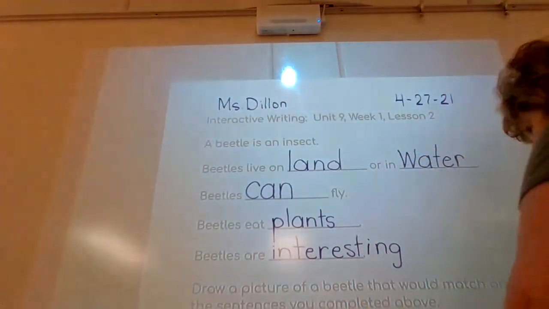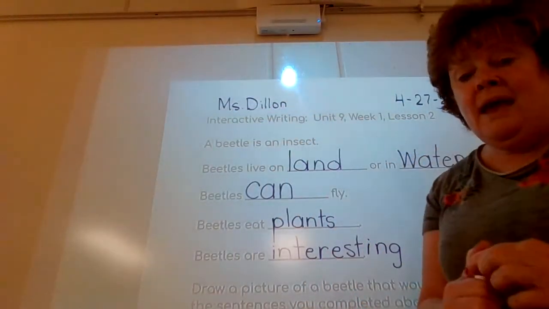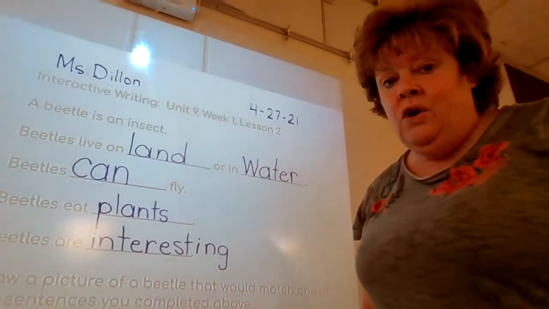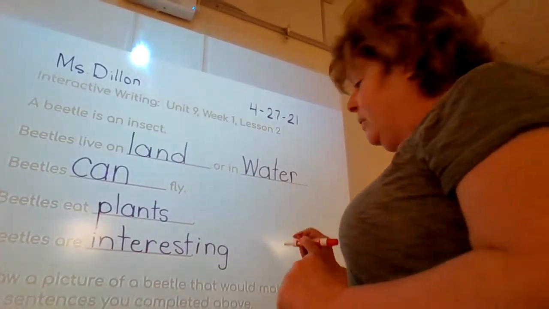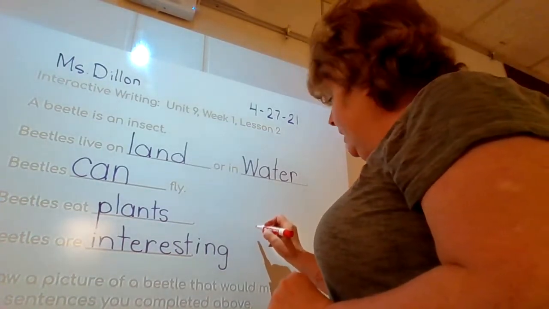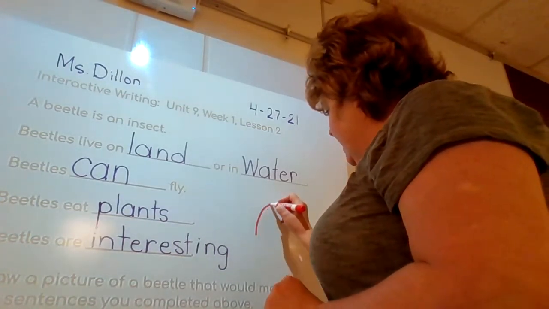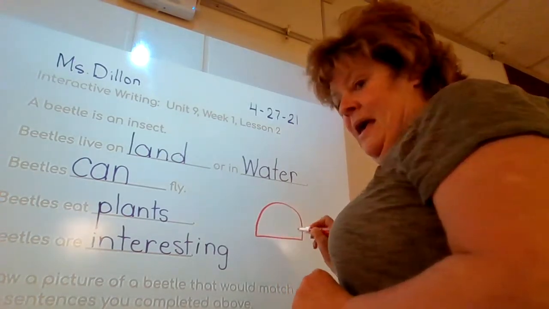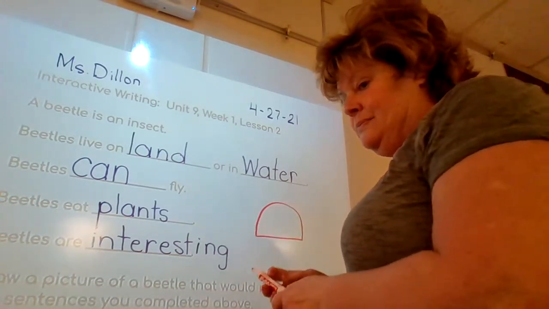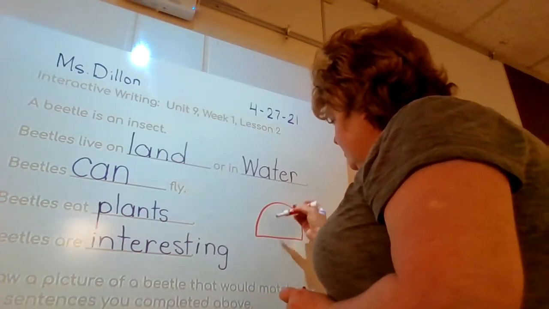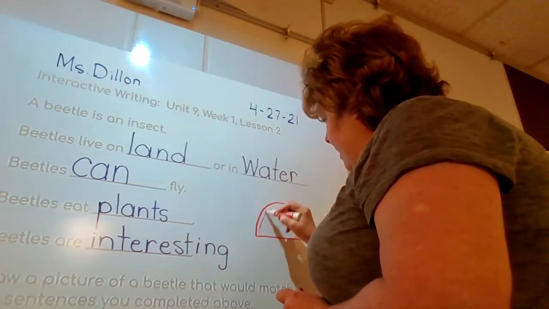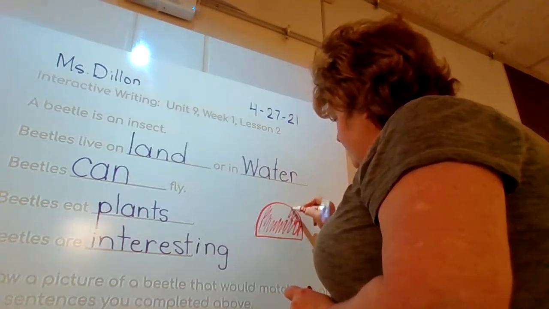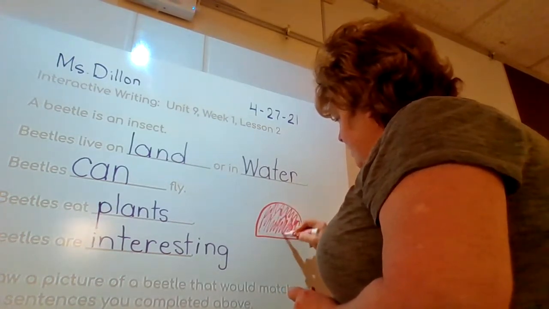Now, I'm going to use this spot right here to help you make a little picture that's in my book that's kind of cool. I think it's supposed to be a ladybug because it is red and black. And I think I have those colors right over here. So, you may choose to make this, or you may make one of your own. So it kind of goes like this. And that part is red. I'm not going to color it all the way in like you are because I'm doing this on my whiteboard.